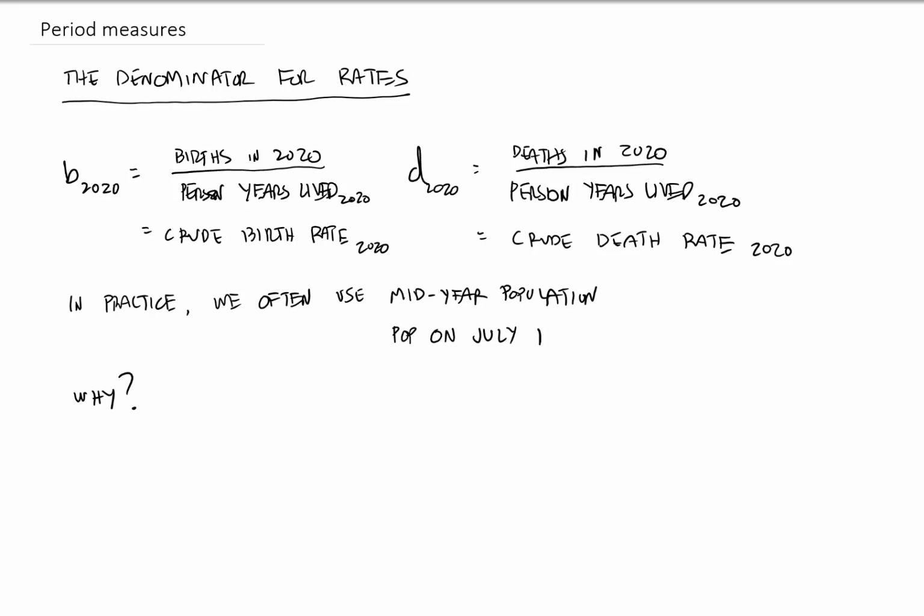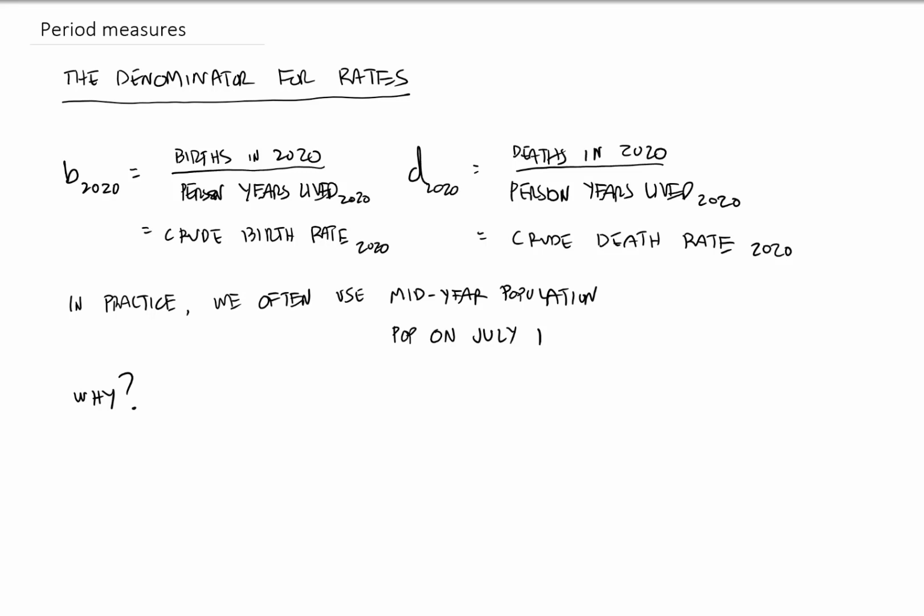So here we have the crude birth rate in the year 2020. It turns out to be, in the numerator, the number of births in the year 2020, and in the denominator, in order to make this a true rate, we want the number of person years lived in the year 2020 so that we can get the exposure to the risk of having a child.